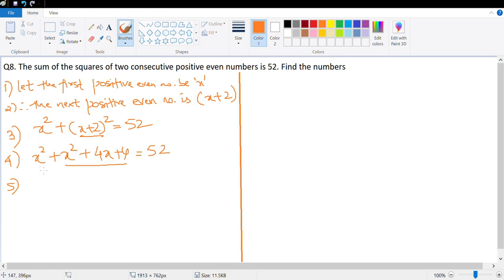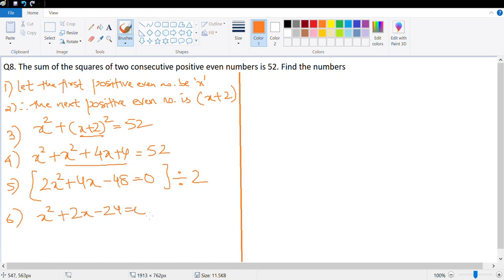Let's add the like terms. So x square plus x square, that's 2x square plus 4x plus 4 minus 52, that's negative 48 is equal to 0. I notice 2 common in all elements, so divide everything by 2 and we get x square plus 2x minus 24 is equal to 0.